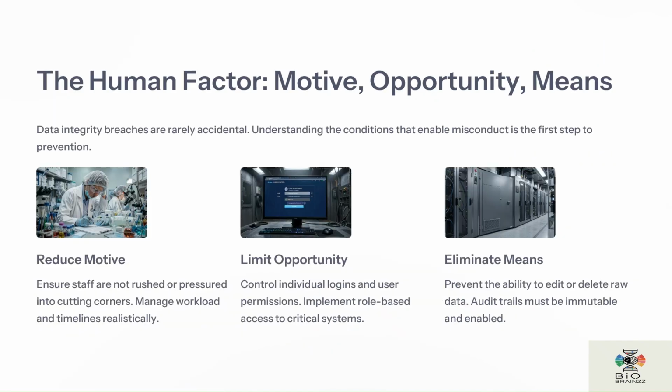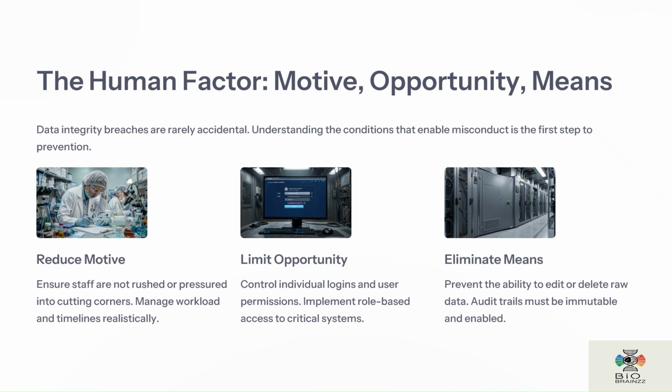Data integrity breaches are often linked to human behavior. Three major factors contribute to misconduct. The first is motive. Employees may feel pressure to meet deadlines, production targets, or management expectations. The second is opportunity. Weak system controls, shared passwords, or poor supervision can create opportunities for unauthorized actions.